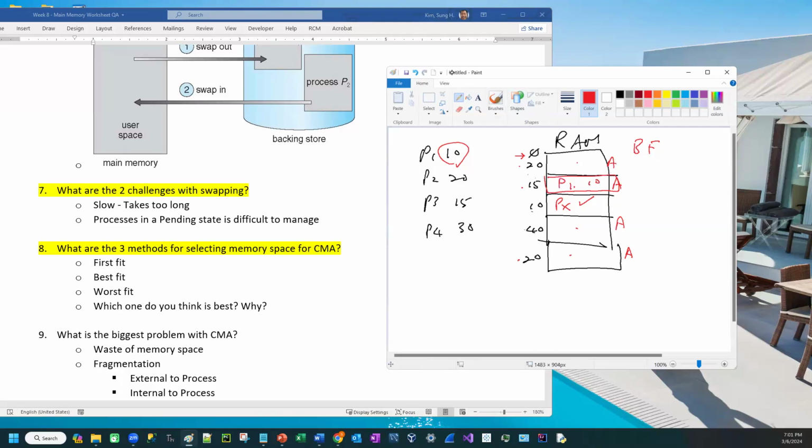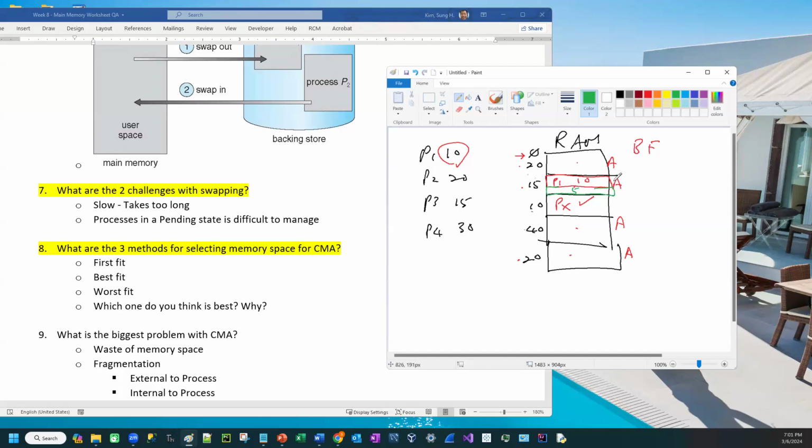Okay. Now let me back up for a second. So when I come here, this is how much I take. Okay. P1, and now this guy right here is now available here, okay, which is a 5.